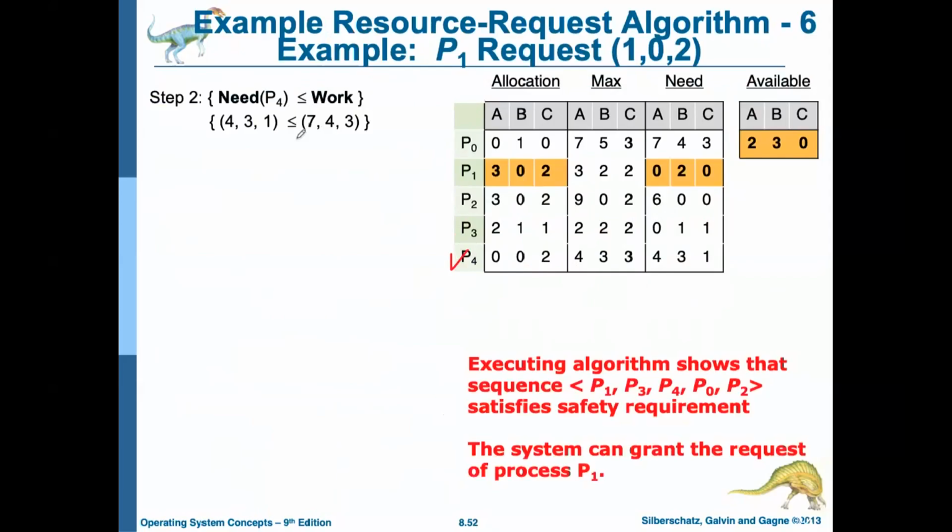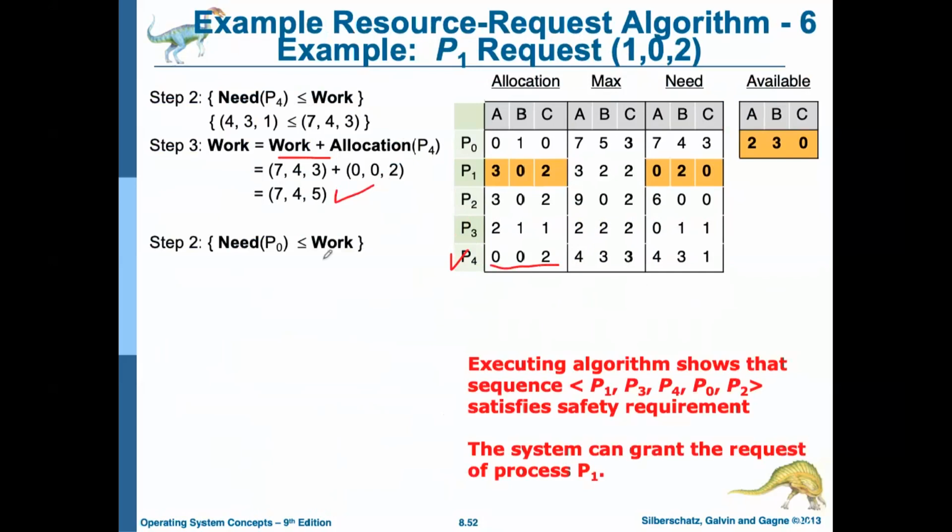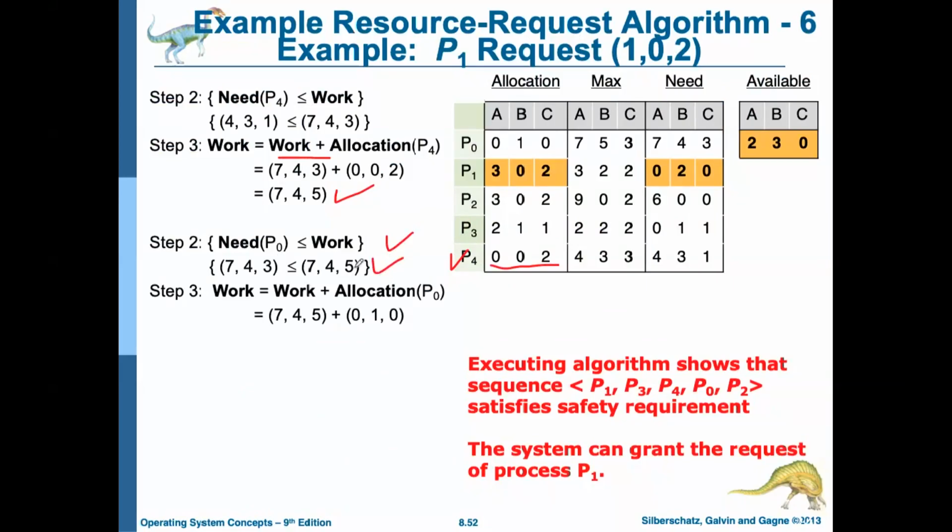The answer is true. So allocate, add the work plus the current allocation for P4, and get the new value 745. Then needs of P0 is less than work. Check P0 again. Is it true? The answer is yes, so start allocate 745 and get the new value for the work.